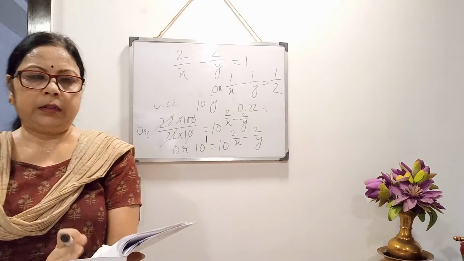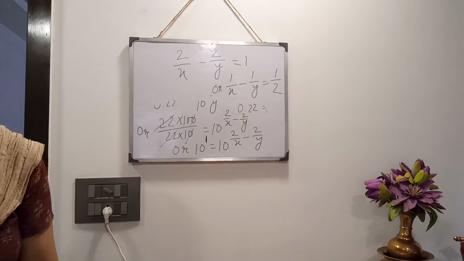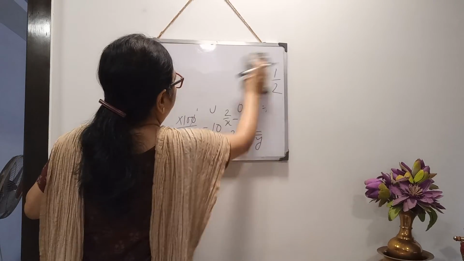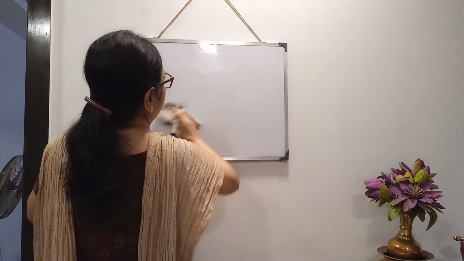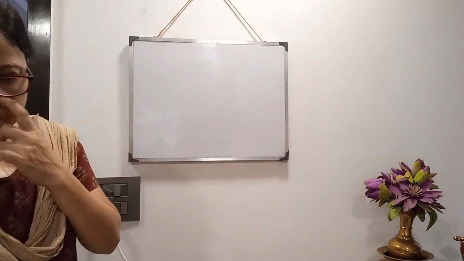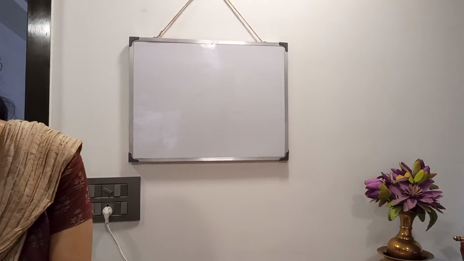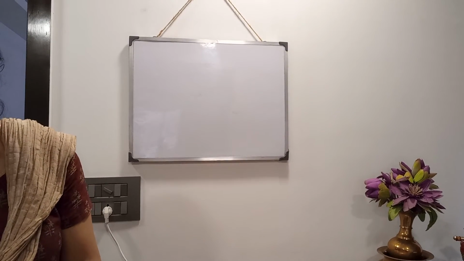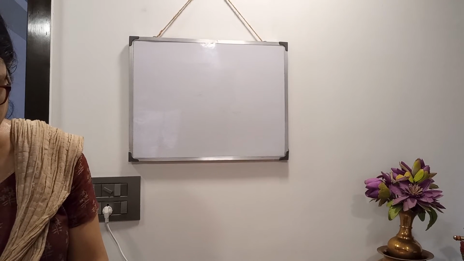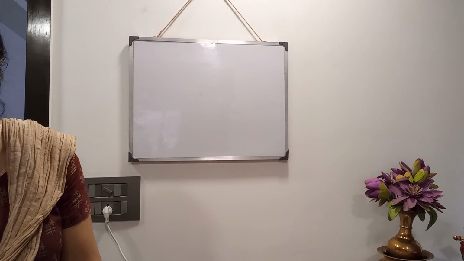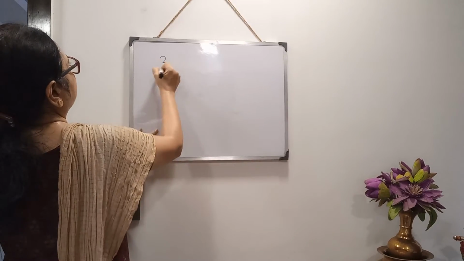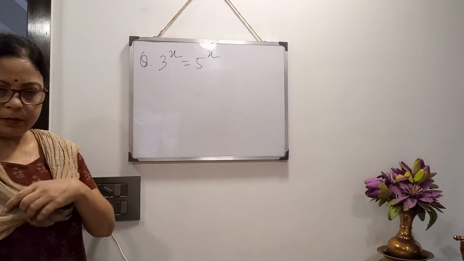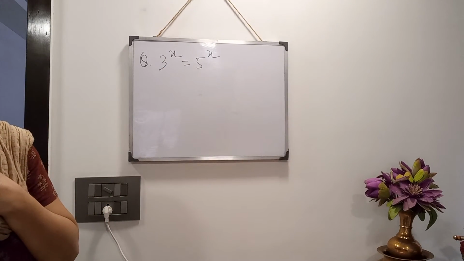If the sum is of this type: if 3 to the power x equals 5 to the power x, then what is the value of x?